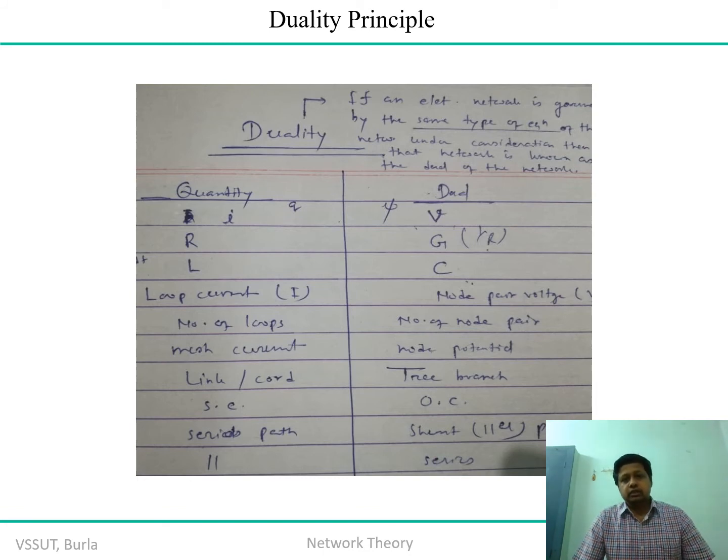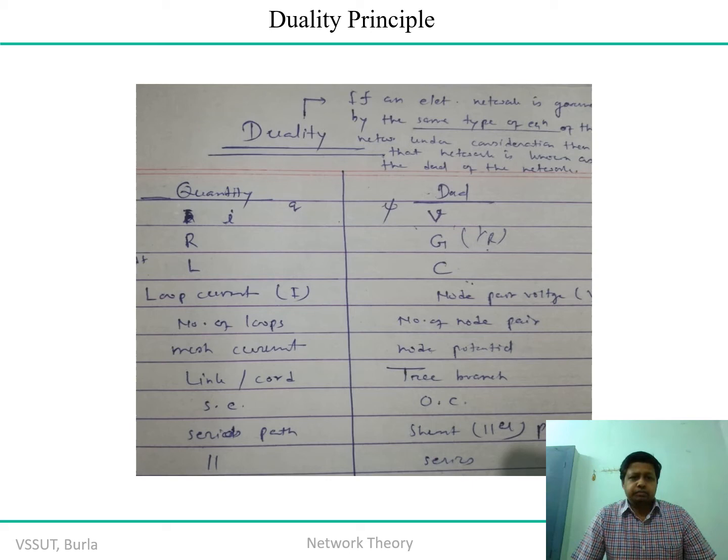For example, the dual of charge is flux, current the dual is the voltage, resistance the dual is the conductance G, and inductance the dual is the capacitance, or vice versa. Loop current is the dual of node pair voltage. Number of loops can be a dual of number of node pairs. Mesh current is the dual of the node potential. Link is the dual of the tree.